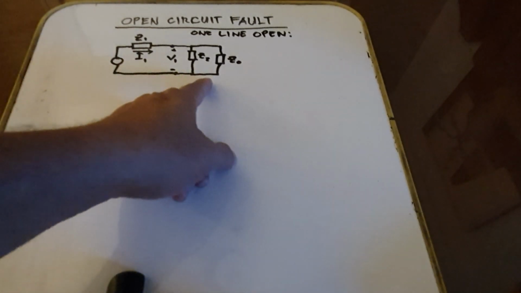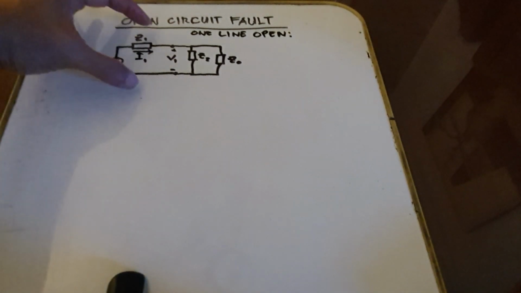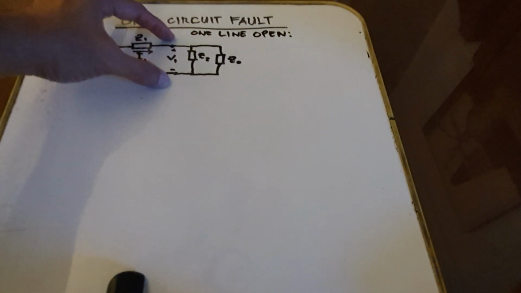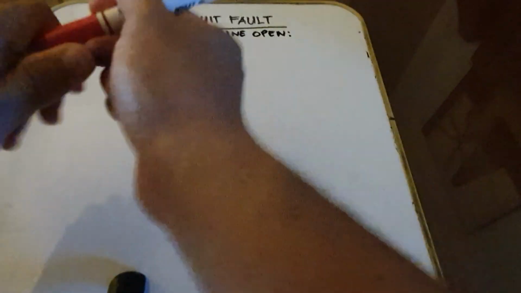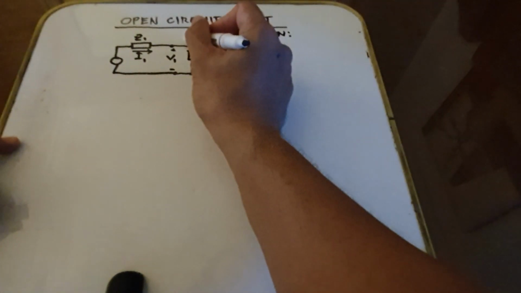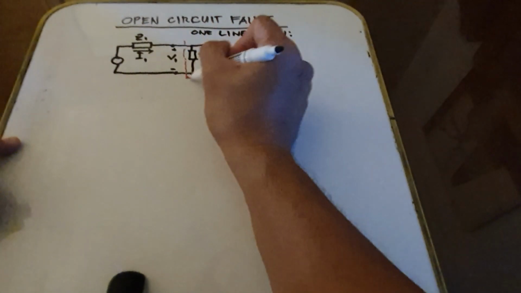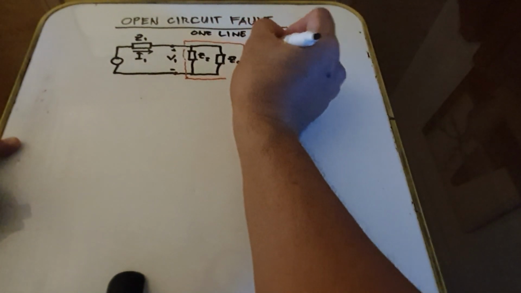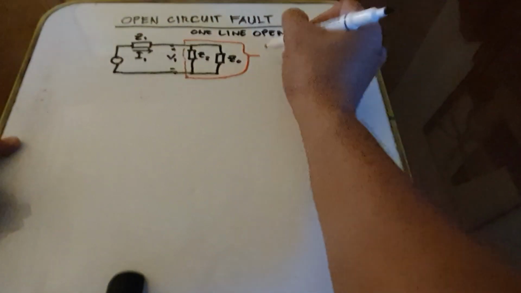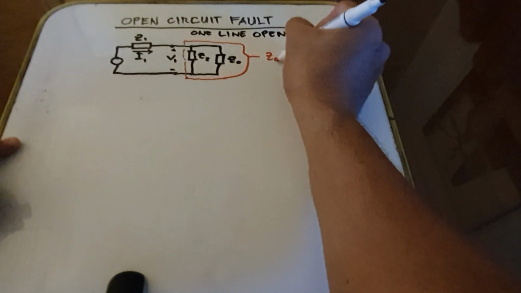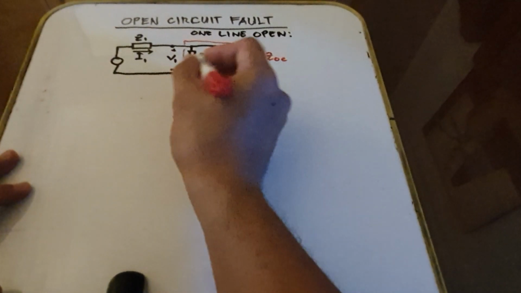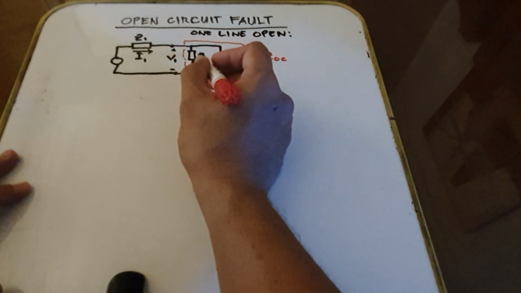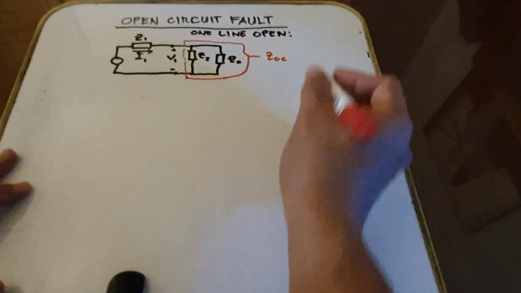So if we take the equivalent of this, let's say this is ZOC, or open circuit, the equivalent of that is the parallel combination of the negative sequence and the zero sequence impedance.